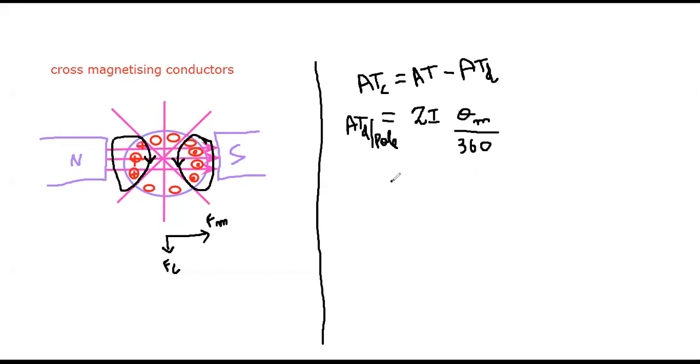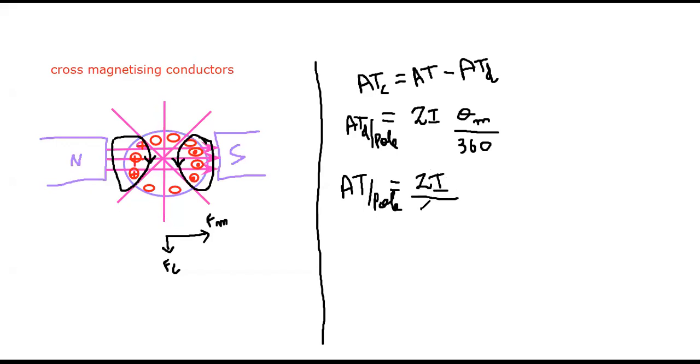The total value will be Zi, because I include all the conductors and the amount of current flowing through them.